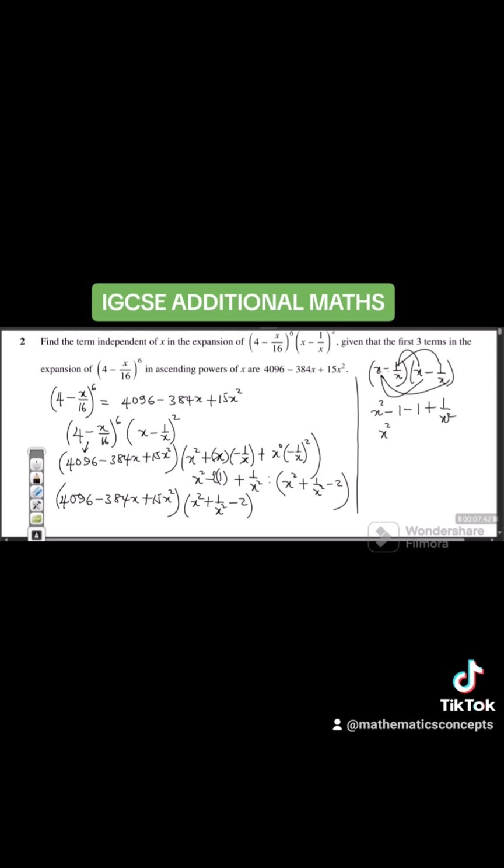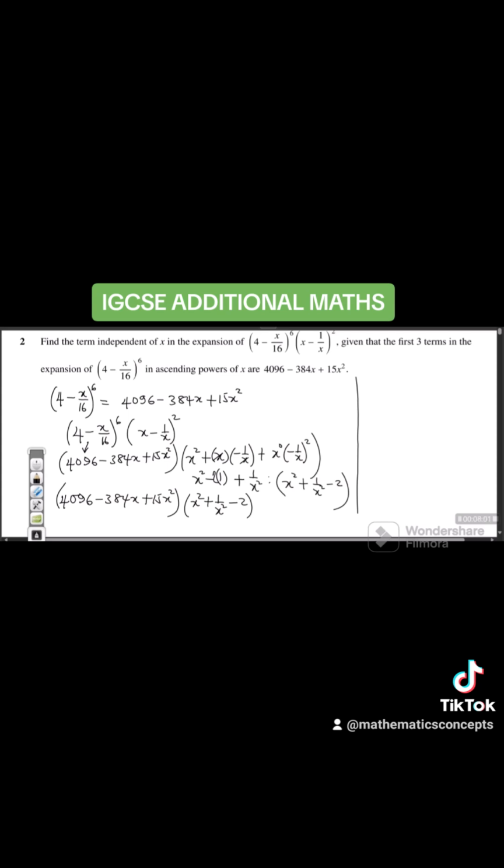So that gives you x squared minus 2 plus 1 over x squared. I think you now understand how I got this expansion as a matter of fact, right? So this is what is obtainable as far as this is concerned, right?